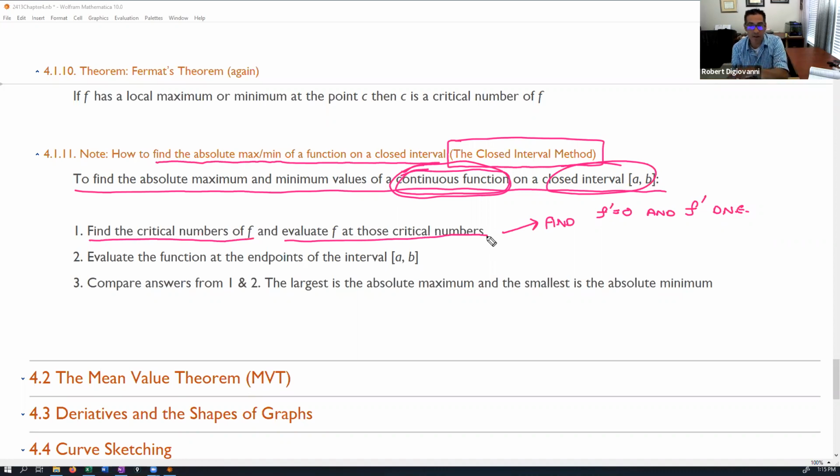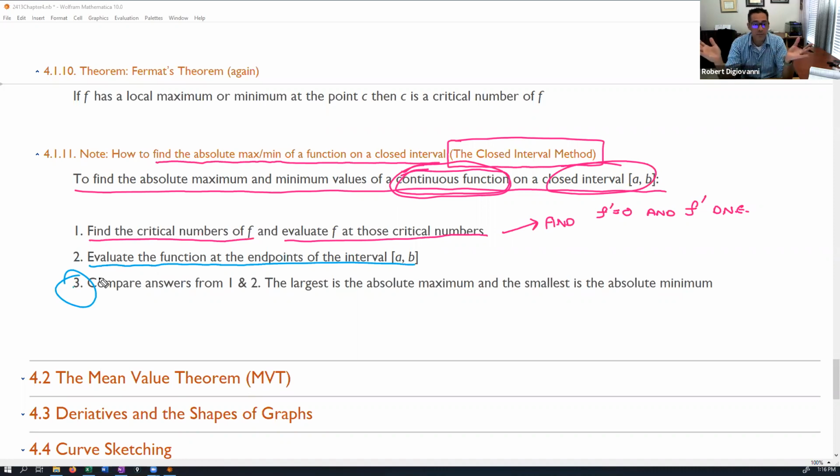I'll take whatever answers I get here and plug them into the original function and see what answers I get. The next step is to evaluate the function at the endpoints of the interval. So I'll take the 2 endpoints and plug those into the function. And then once I've done that, I will just compare all my answers. The biggest answer I get is my global or absolute maximum, and the smallest number I get will be my global or absolute minimum.